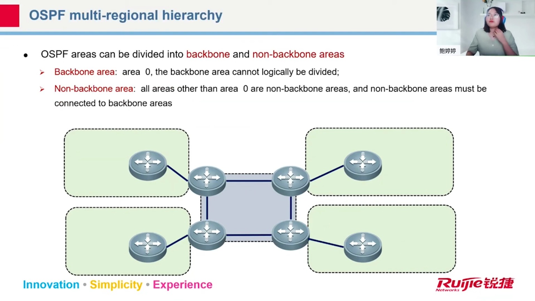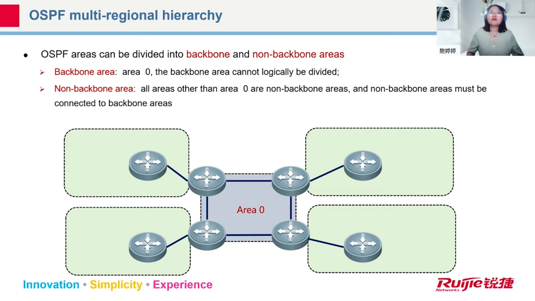And about OSPF, if we have multiple areas, we also divide the areas into different levels. We divide the areas into backbone and non-backbone. Each area has an area ID, and the backbone area means the area ID is 0, and the backbone area cannot be logically divided.